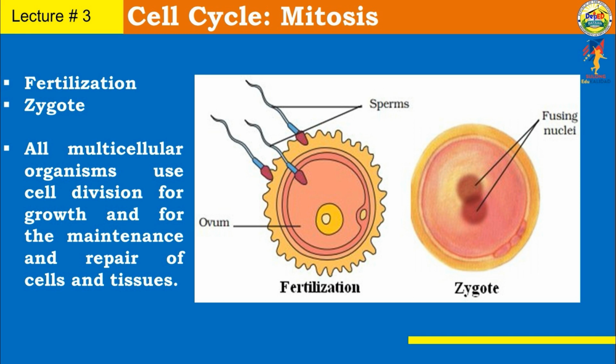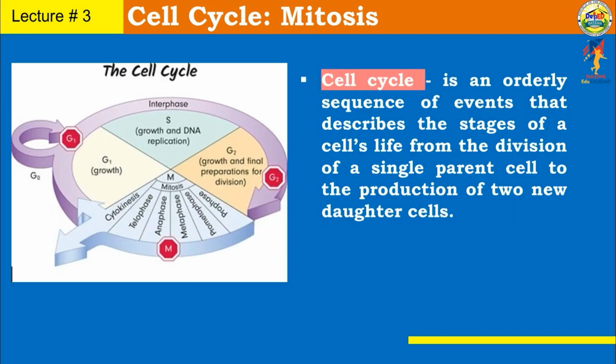For example, new blood and skin cells are constantly being produced. All multicellular organisms use cell division for growth and for the maintenance and repair of cells and tissues. Single-celled organisms use cell division as their method of reproduction.